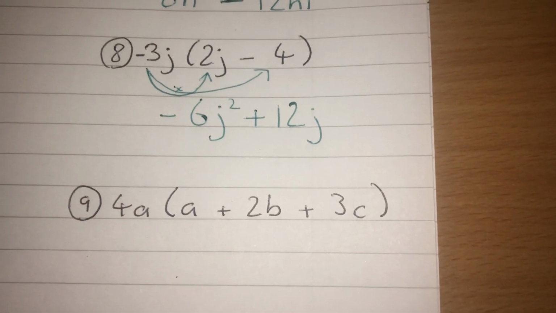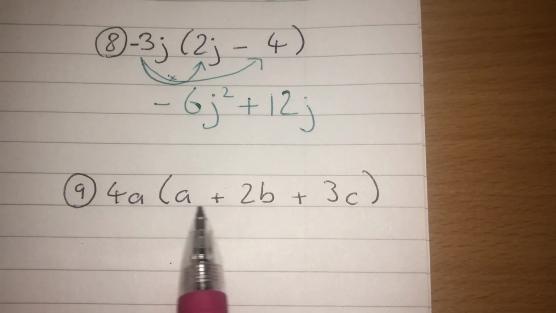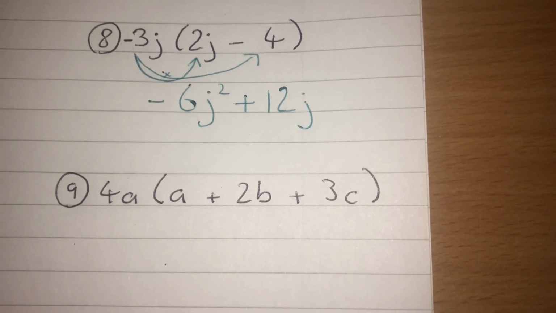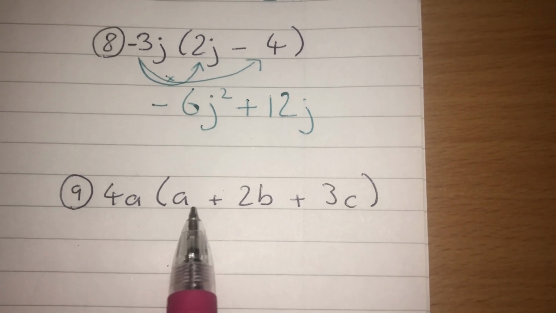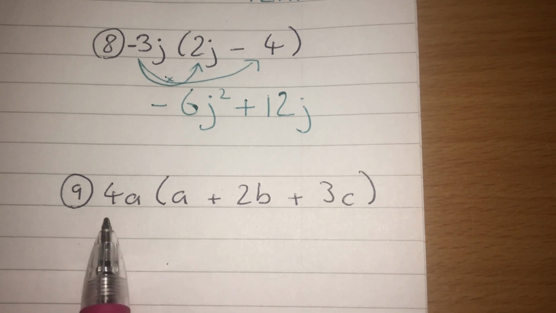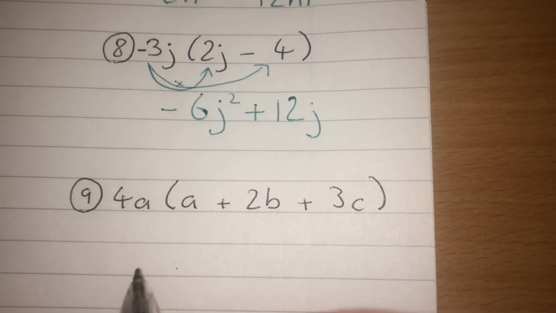And again, just one more example just to demonstrate that if we have three terms inside the bracket like this, it's the same thing. We're just multiplying each of these three terms by the 4a that's on the outside.